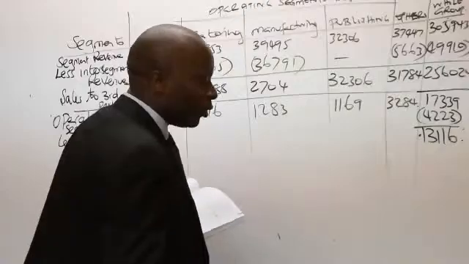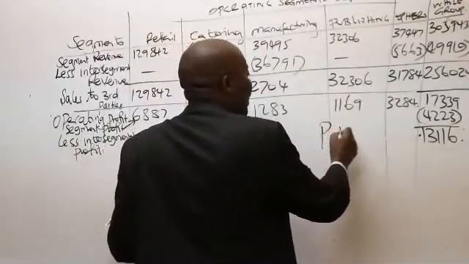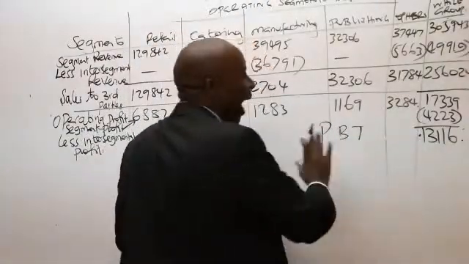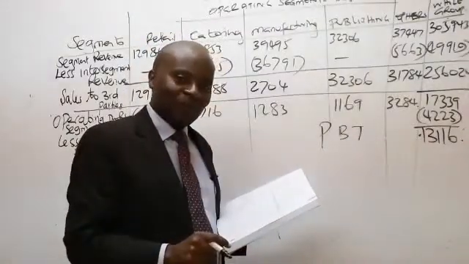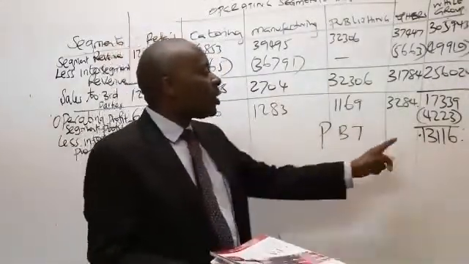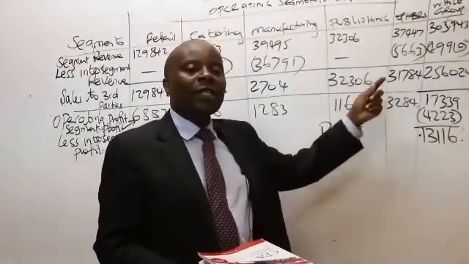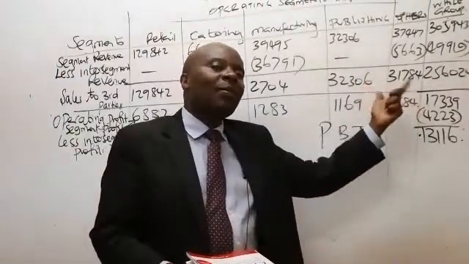And that is the end of this particular section. Once I get profit before tax, I can't bring in any other issue, because already, if it is interest, it has been factored out and eliminated somewhere.